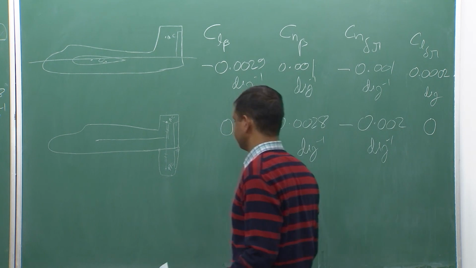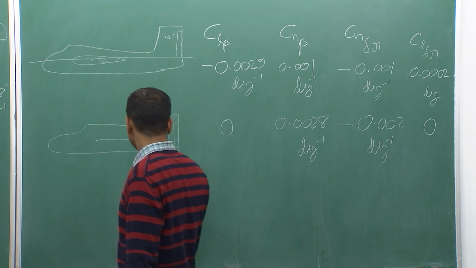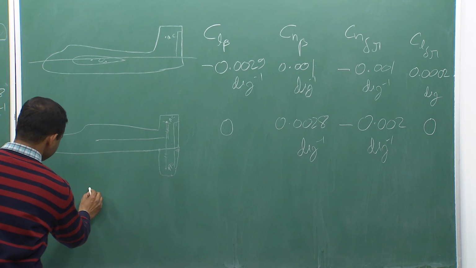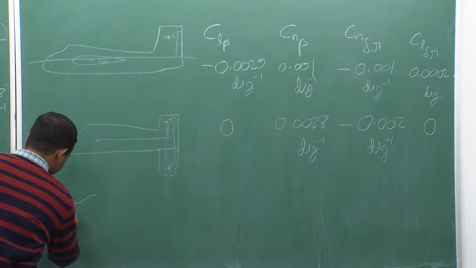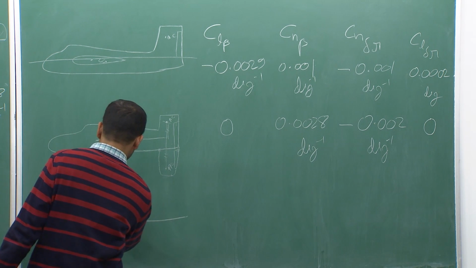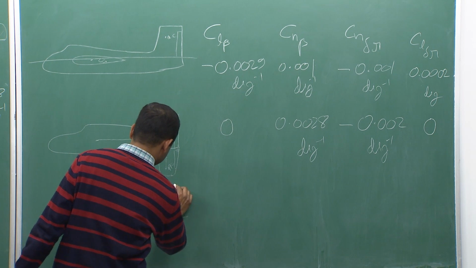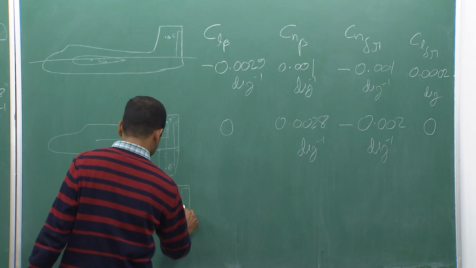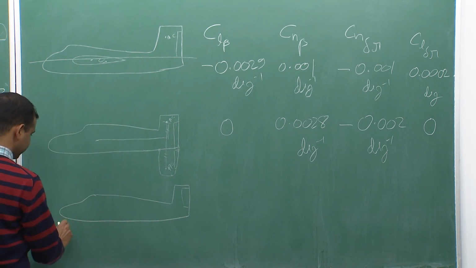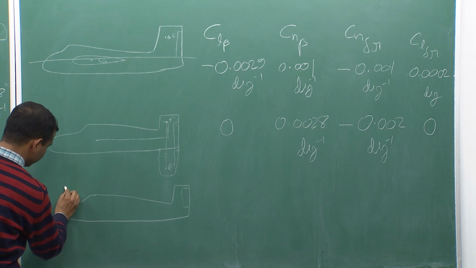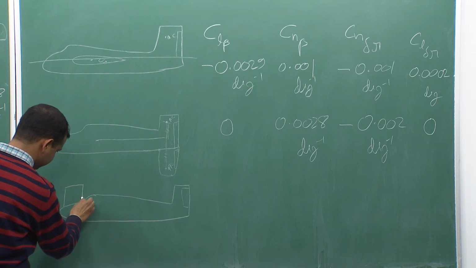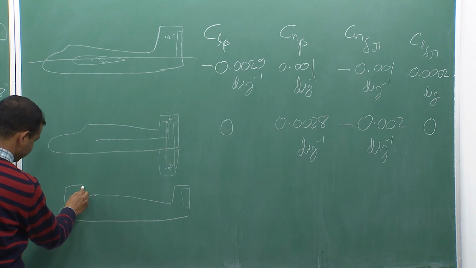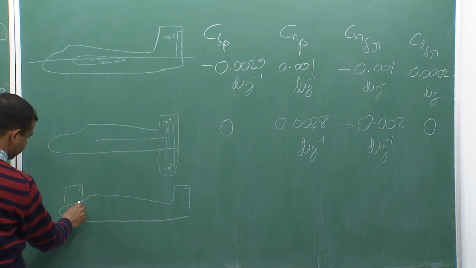Now, coming to the next part of this question, the designer here has installed, this is our original design, and now the designer has put one more vertical surface at this position.